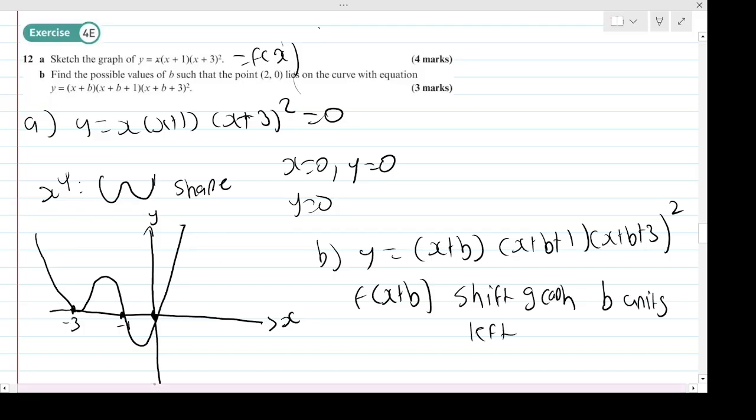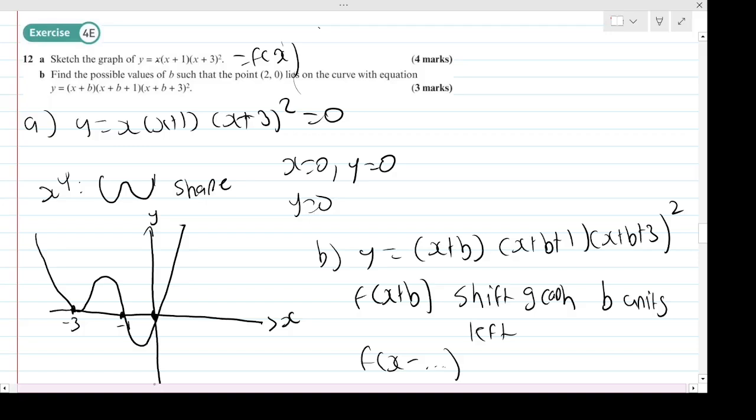This new equation represents shifting the graph horizontally, left or right actually. Why could it be right? Because what if b is negative? Then I'm going to have x minus some negative number, which means I'm adding it, so it's going to go to the right.